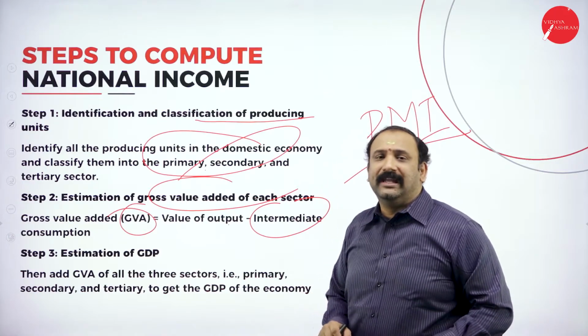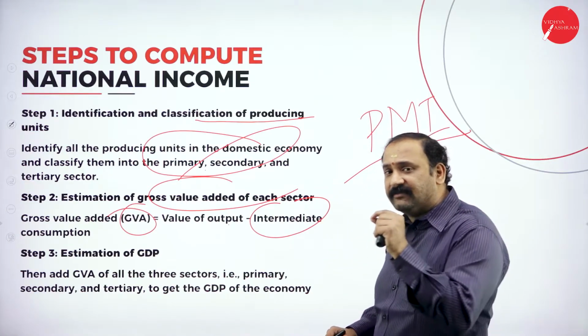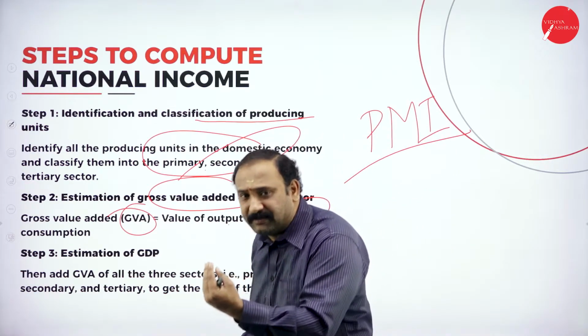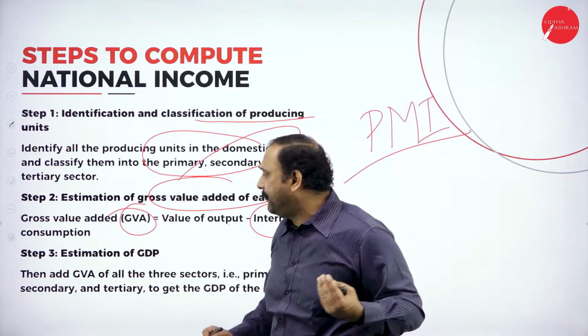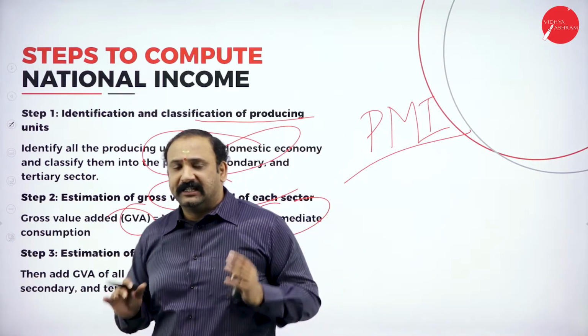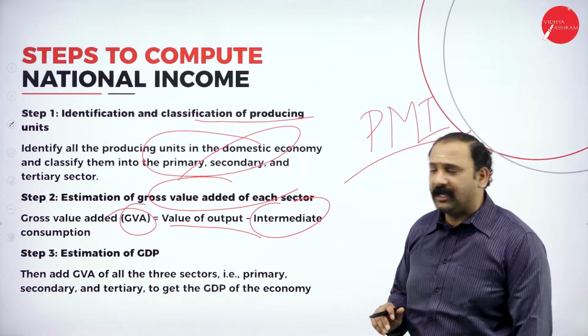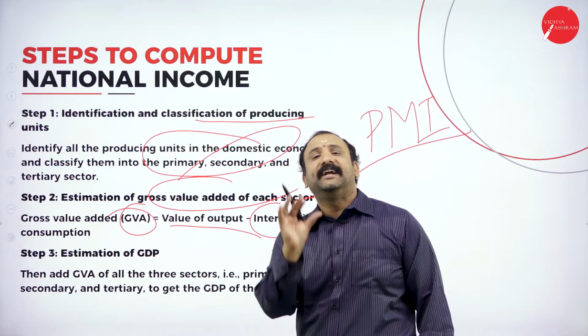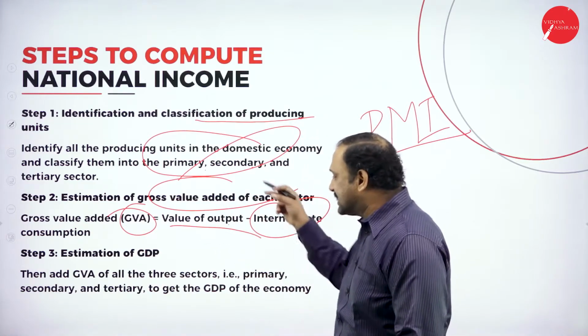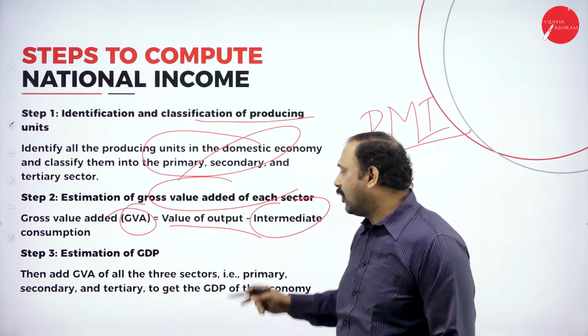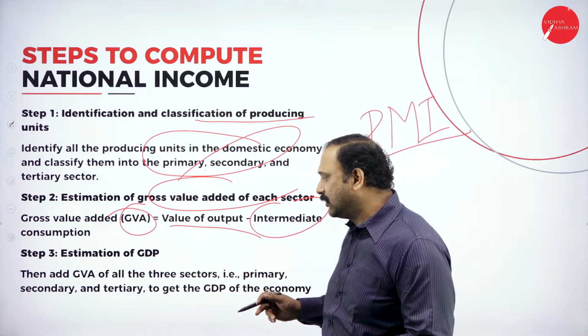In the meanwhile, if there are some consumption, some takeaways from that particular part, so we are going to say the gross value added is a function of value of the output minus intermediate consumption.